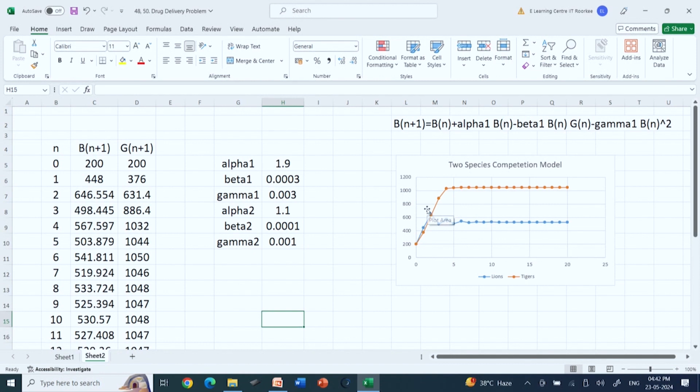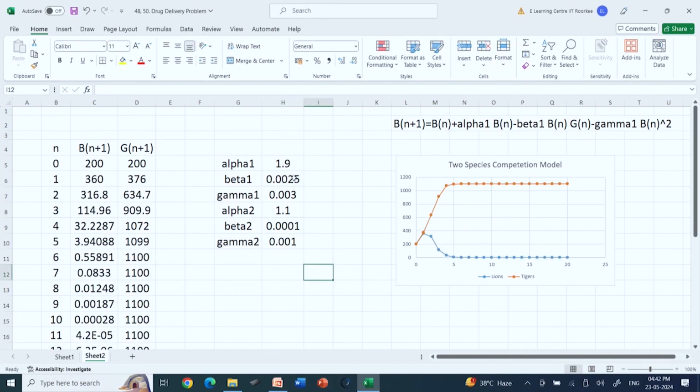Now, if you want to change a value, say I change this value to 0.0025, all you have to do is just click outside and everything changes automatically, and you see the number of lions goes extinct, whereas the number of tigers survives. Similarly, you can play with other parameter values and obtain different dynamics.